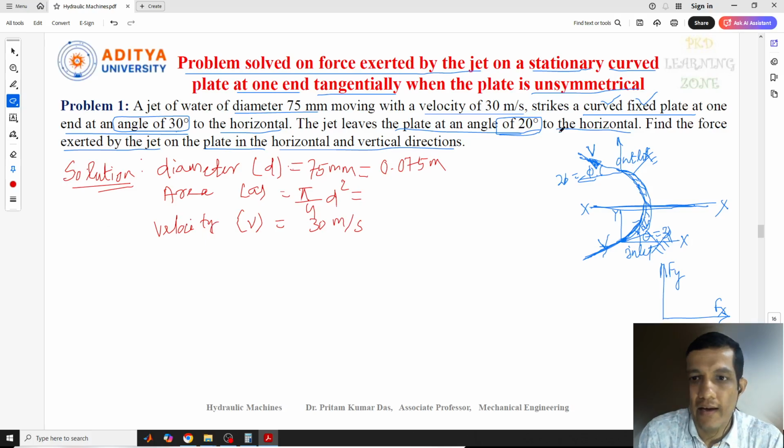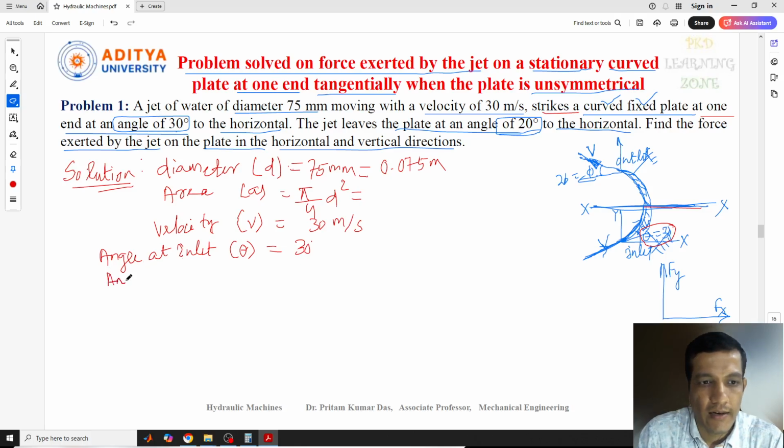Similarly, the jet makes an angle. You can see the jet strikes the curved plate at one end, at this point, and as I told you, this is 30 degree. So the angle at inlet, that means the angle of the fluid jet with respect to the x direction, with respect to horizontal, is theta, which is given as 30 degree.